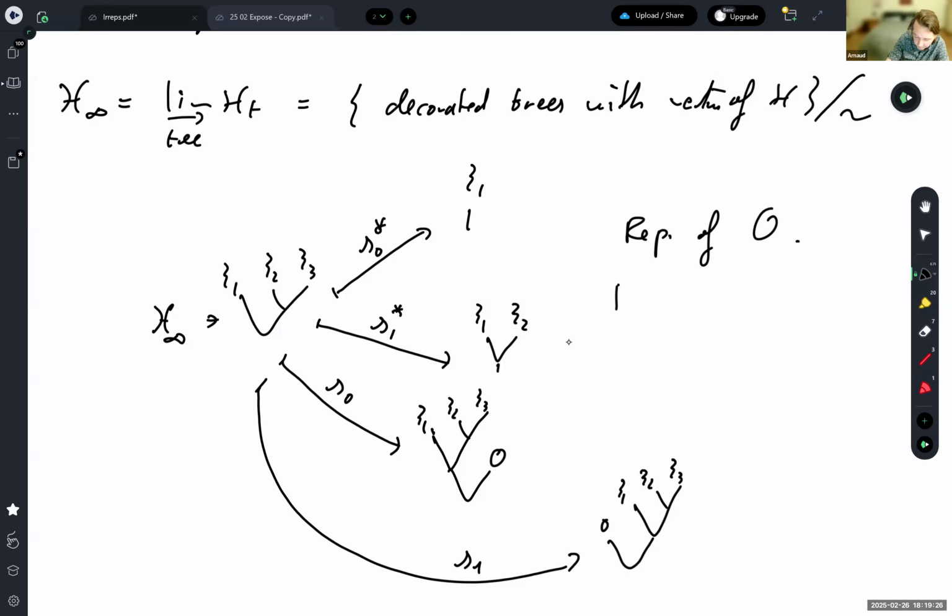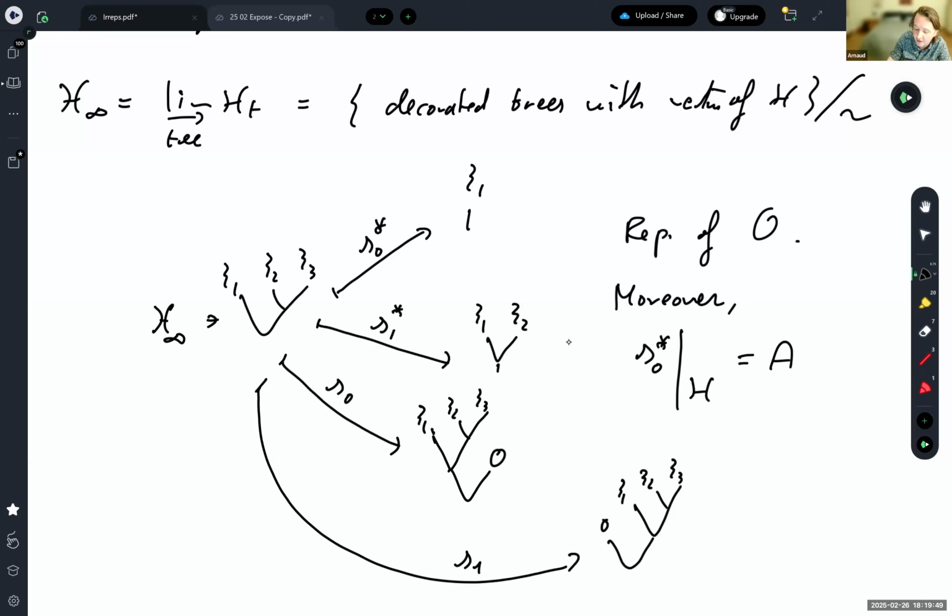Moreover, something interesting is that if you take, how does it work? I always get it wrong. Okay. You take S0 star and you restrict to the copy of little h.